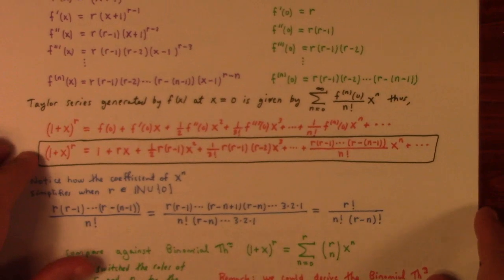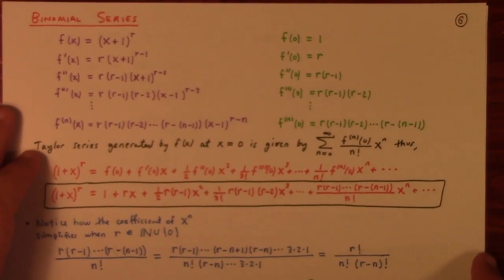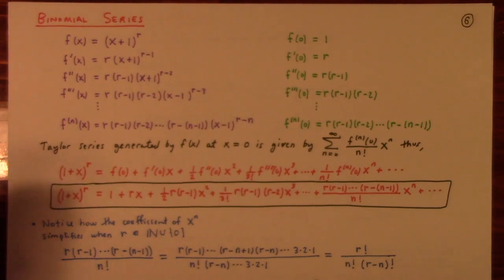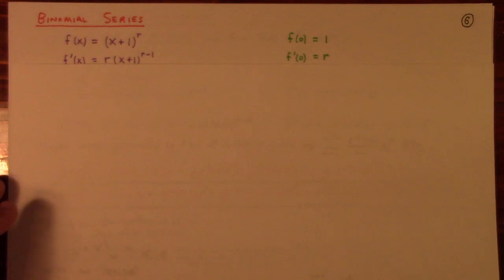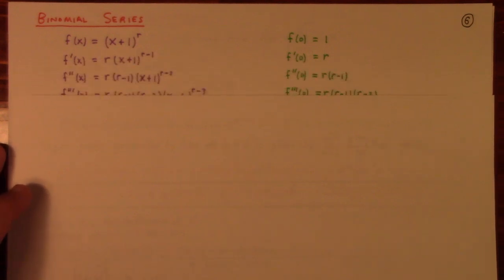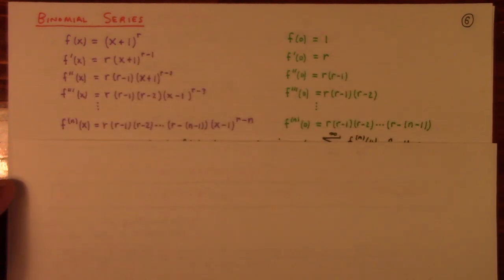Maybe you remember, maybe you don't, from Calculus 2 that there's something called the binomial series. What's the relation between the binomial series and the binomial theorem? Let's work it out right quick. To derive the binomial series, you can look at the function (x plus 1) to the r. You can take derivatives, second derivatives, third derivatives, nth derivatives.